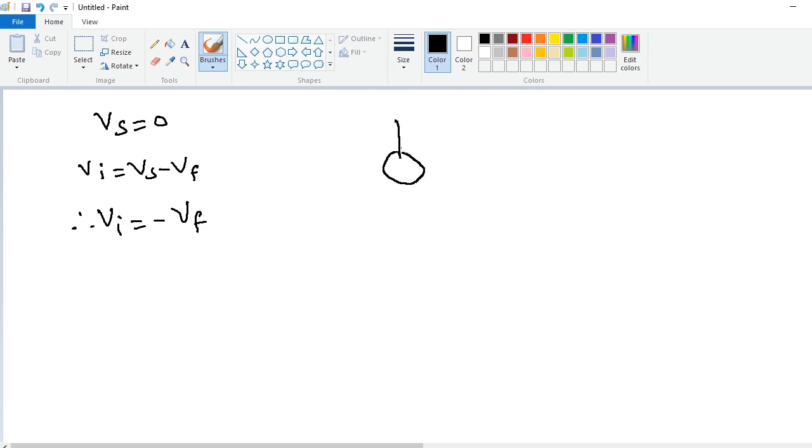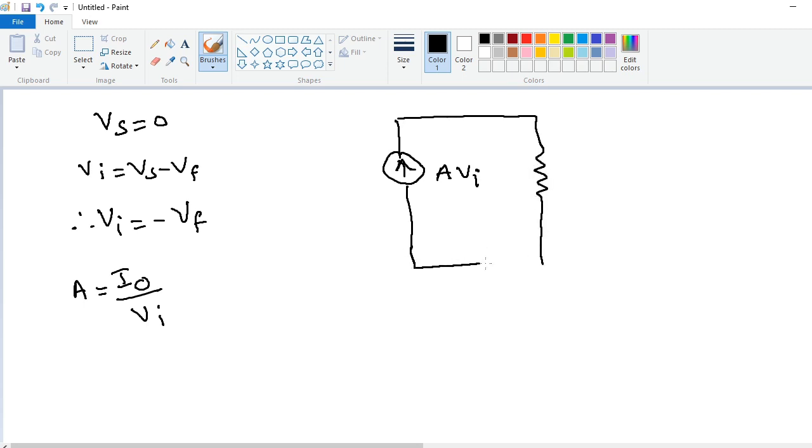Here current mixing, amplifier gain A is equal to I naught divided by Vi, so this is A into Vi. This is a current source and equivalent resistance according to Norton's theorem. So R naught is connected here, and instead of RL, voltage is applied to get output resistance, represented by V naught.